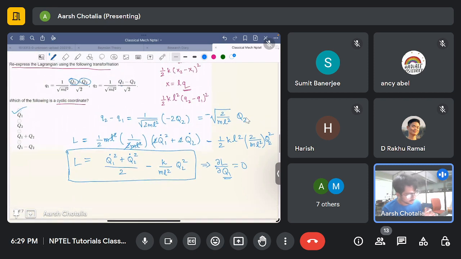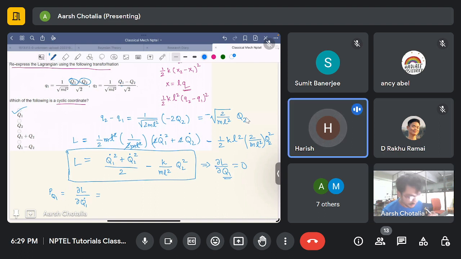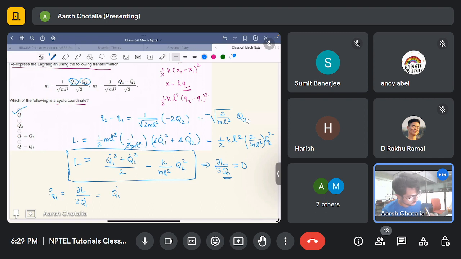Whenever you see a cyclic coordinate, I just want to put a habit into you that you should try to calculate the momentum, and that would be partial of L with respect to Q1 dot. What would this be? Harish, can you answer? It's again Q1 dot. It's just Q1 dot, right? Yes.